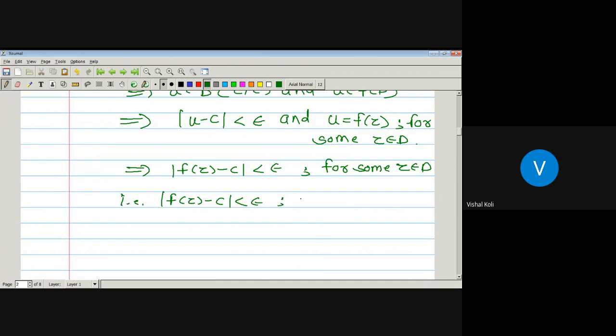So for z belonging to the annulus of a, 0, delta.